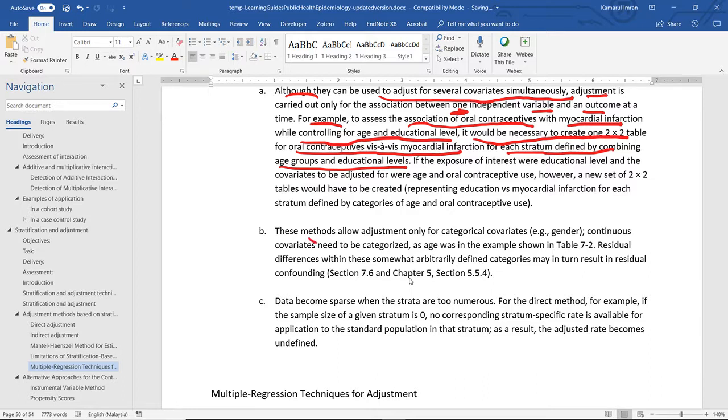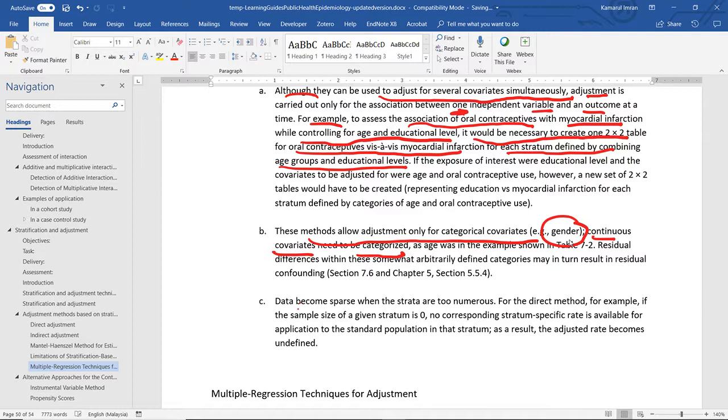And these methods allow adjustment for categorical covariates, such as gender. If you have continuous covariates, then you need to categorize them, right? And again, if you want to stratify more than one continuous covariate, then it will be cumbersome and inefficient.